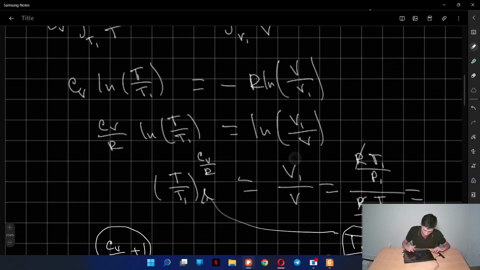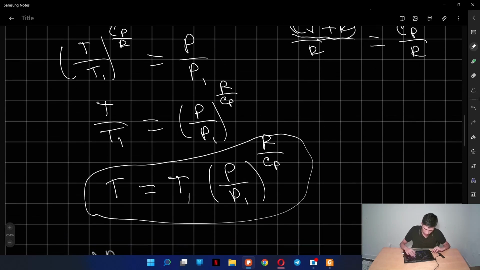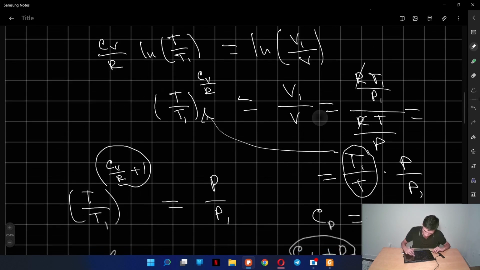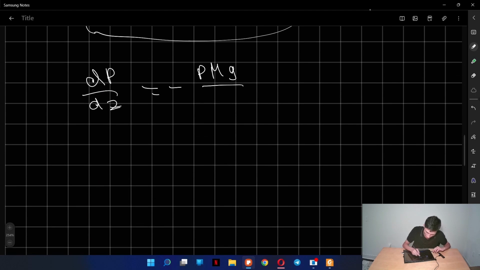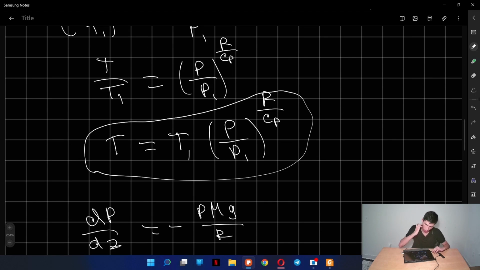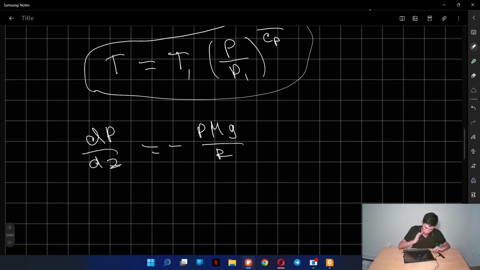And for the right hand side, it's negative p m g over R T. But for the temperature, when we plug in this temperature, this Ti is going to stay in here, right?